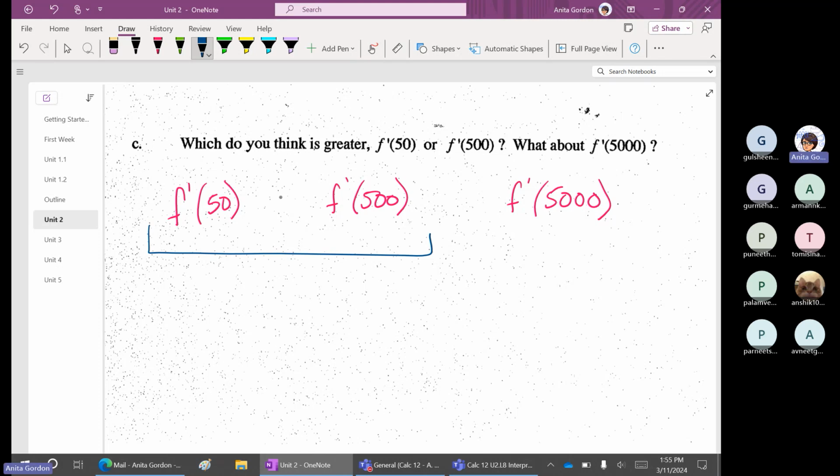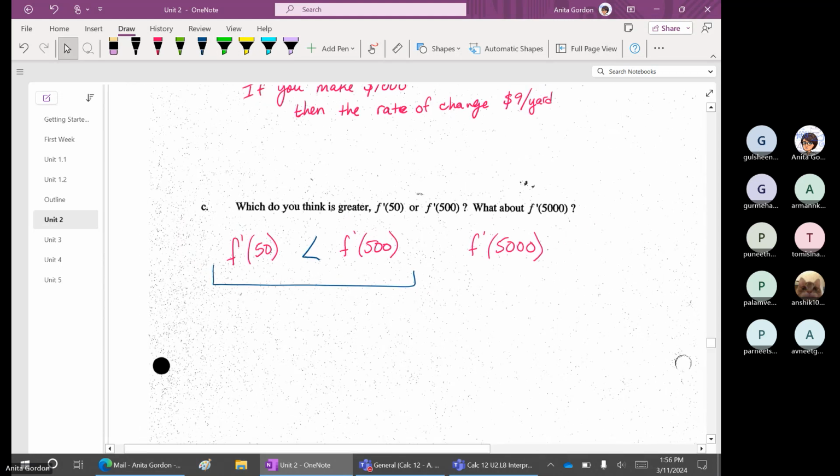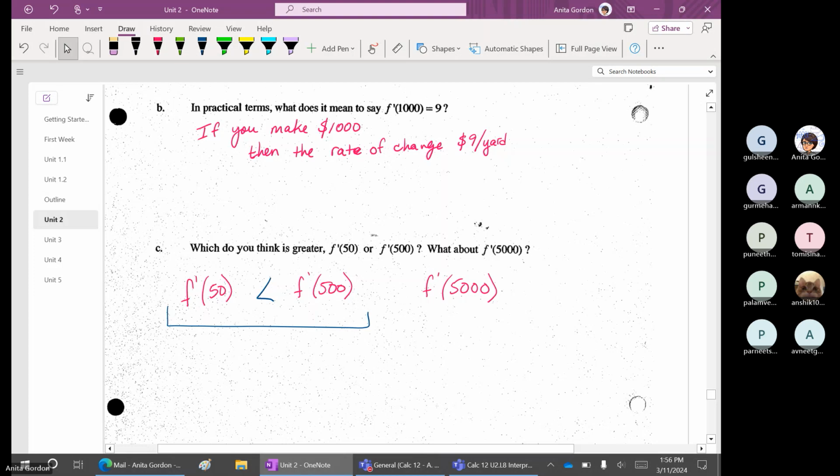Why do you think 500 is greater than 50? So think of the rate of change.